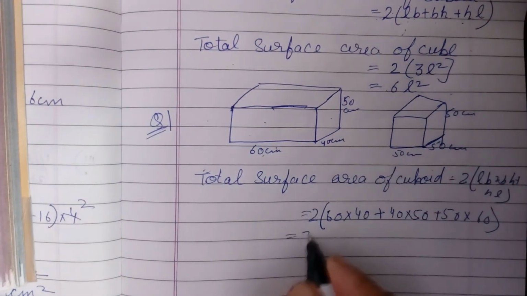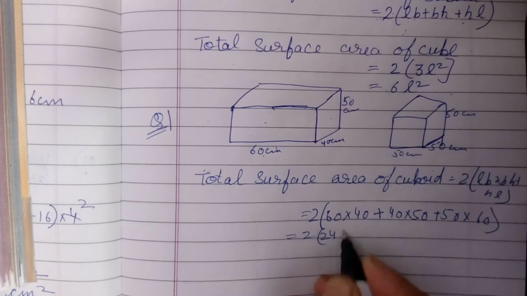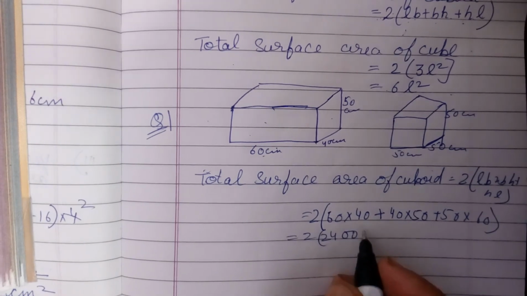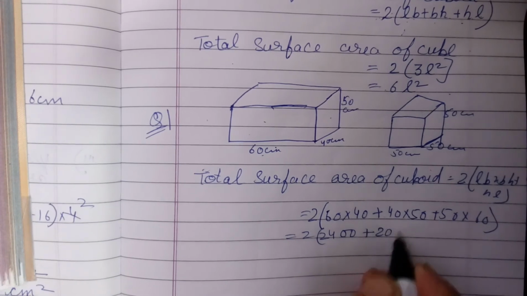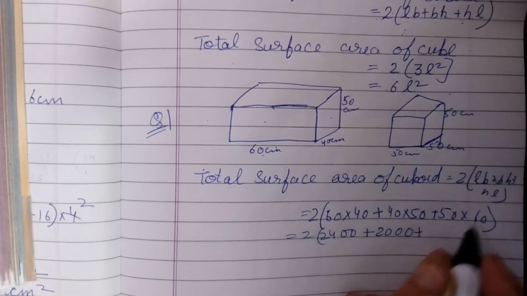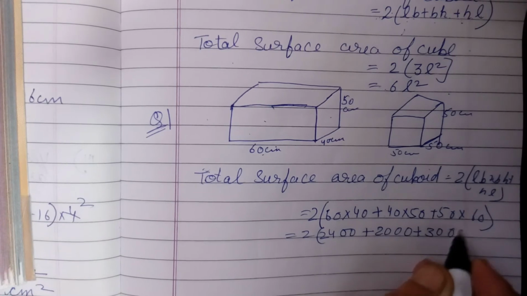Now solve. 6 4s are 24 and 2 zeros, plus 4 5s are 20, 2 zeros, plus 6 5s are 30 and 2 zeros.